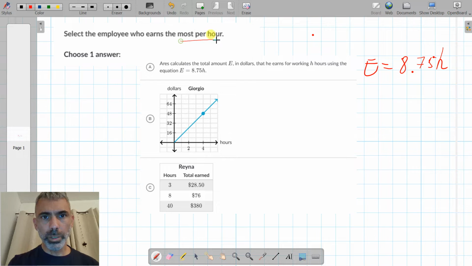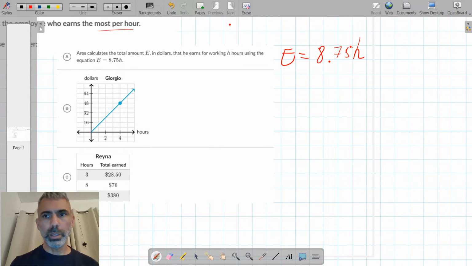so the amount of dollars he earns per hour is 8.75. Okay, because if we divide both sides of the equation by H, we get the total amount in dollars per hour equals 8.75.